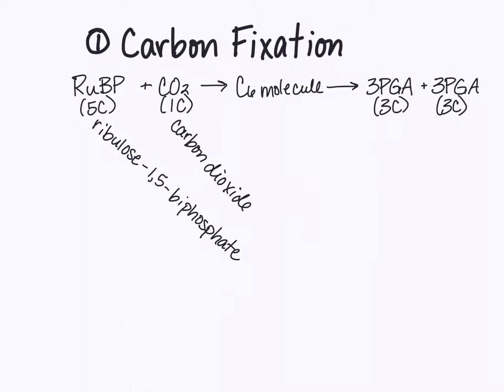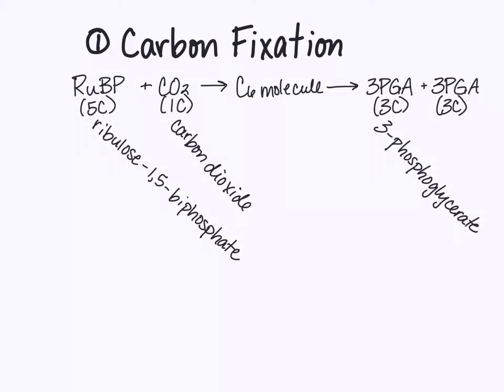And then 3-PGA stands for 3-phosphoglycerate. Once again, for the sake of this course, as long as you know 3-PGA, you know all that you need to know regarding this compound.